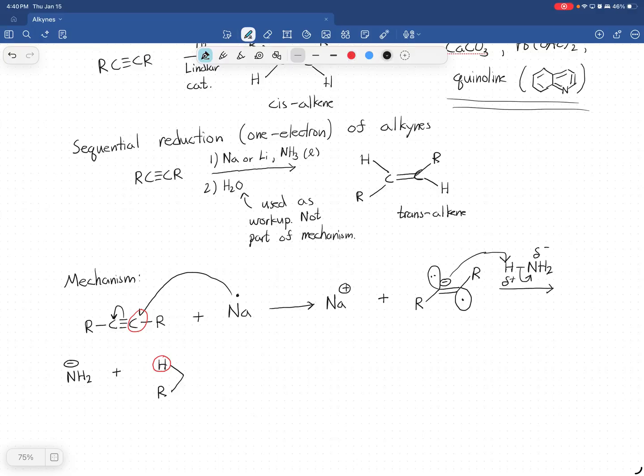Now our double bond has formed, and now we're going to have just an orbital with a single electron. Okay. Well, we're not done. We need to now form the alkene. We're missing a hydrogen and we're missing an electron. So what do you think is going to happen next?